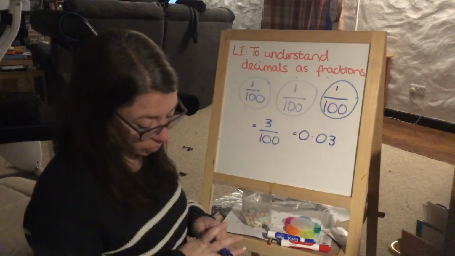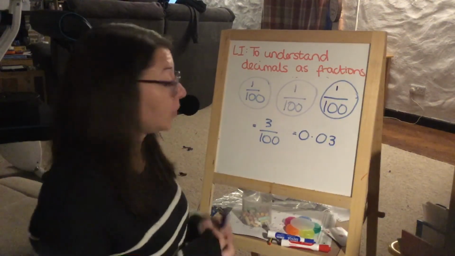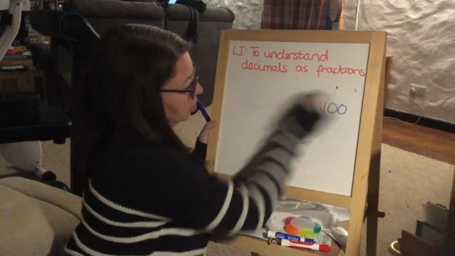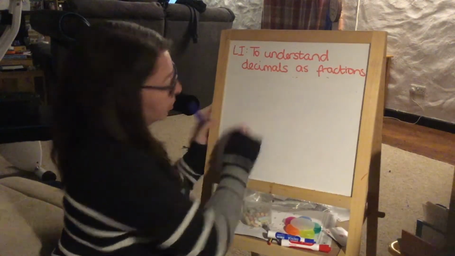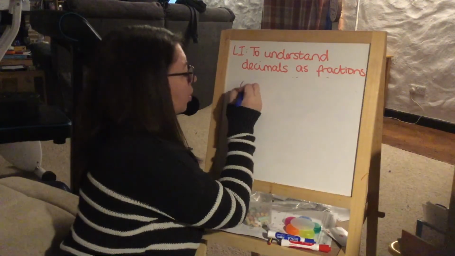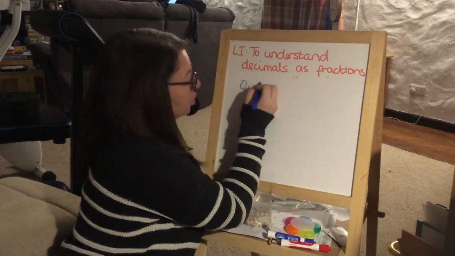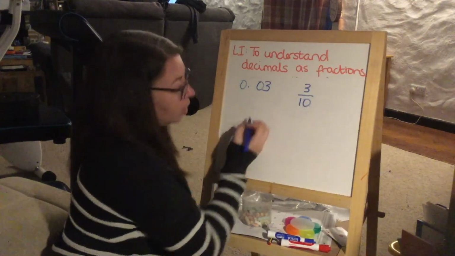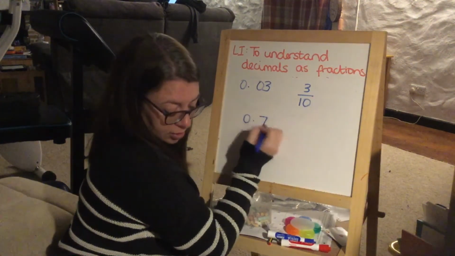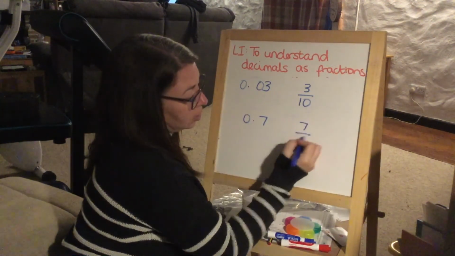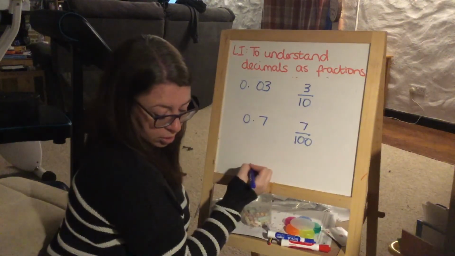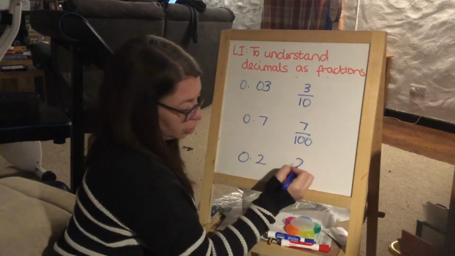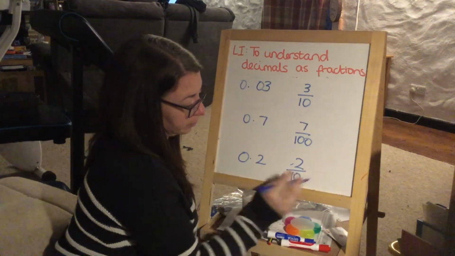The final thing that you'll be asked to look at today is comparing. Okay. So we're going to compare a few numbers. So 0.03 and 3/10, 0.7 and 7/100, and 0.2 and 2/10.